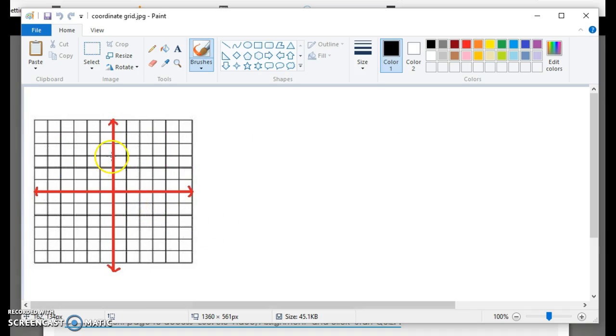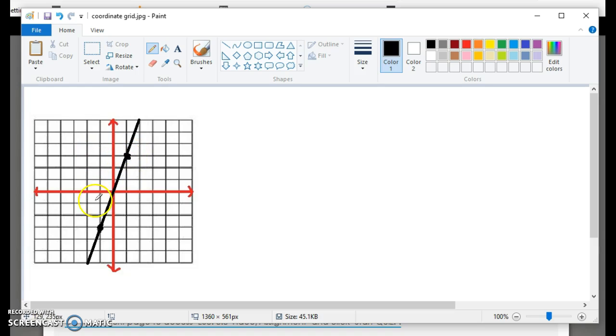Okay, now we're on number 5. And for this one, the line looks kind of like this. And if I pick 2 points on it, I can pick this point right here, and I can pick this point right here.